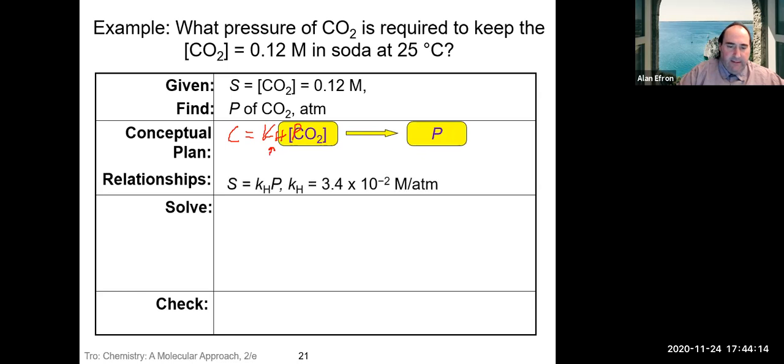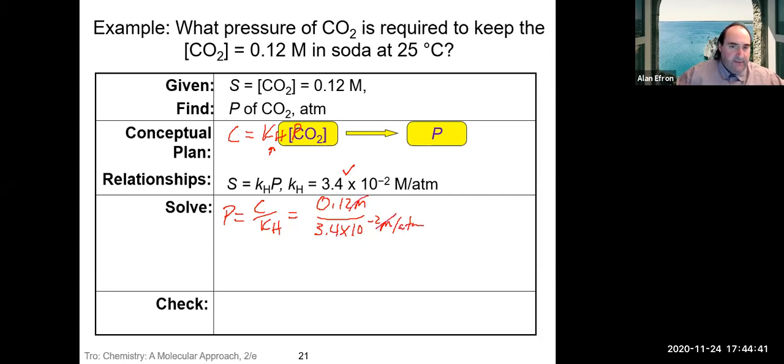Perfect. So our KH value is 3.4 times 10 to the minus 2. We're looking for the pressure, so the pressure is equal to C divided by KH. Our concentration, we want to keep it at 0.12 molar. Our value here is specific for CO2 gas.